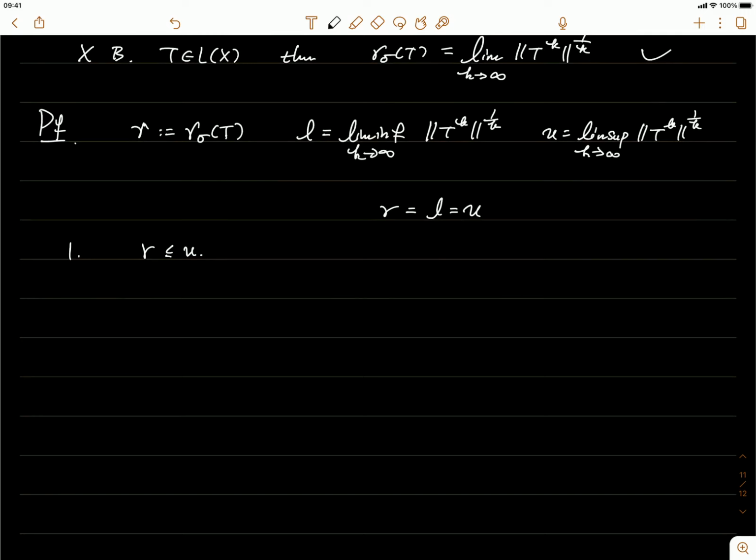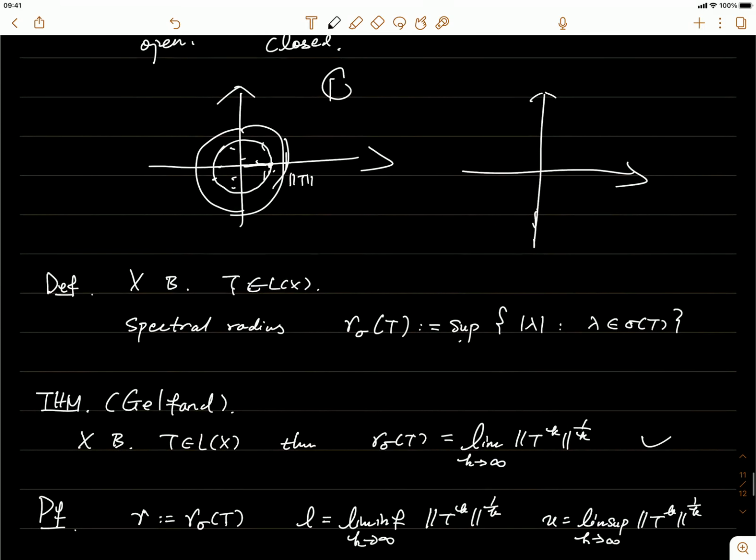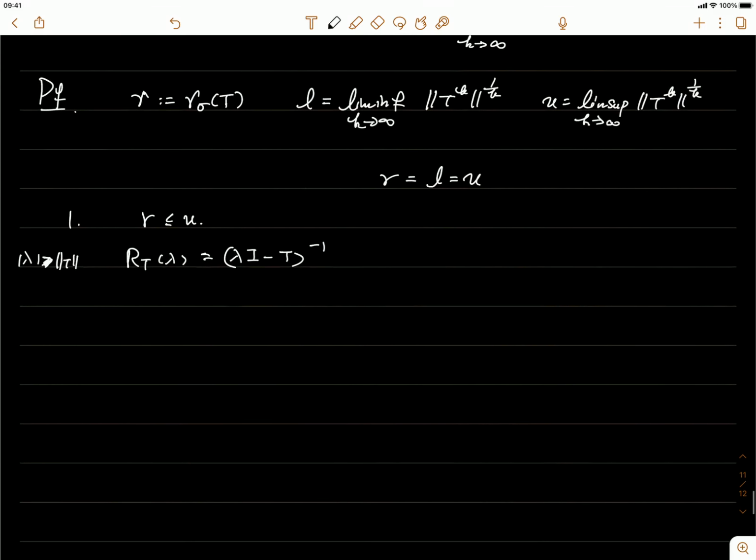Okay, remember that the resolvent R_T at lambda is equal to (lambda I minus T) inverse, right? And if lambda has a value strictly bigger than the norm of T, we know that it must be in the resolvent set.